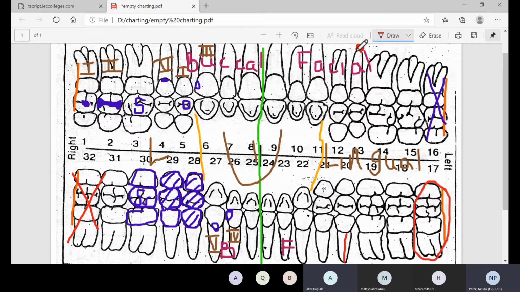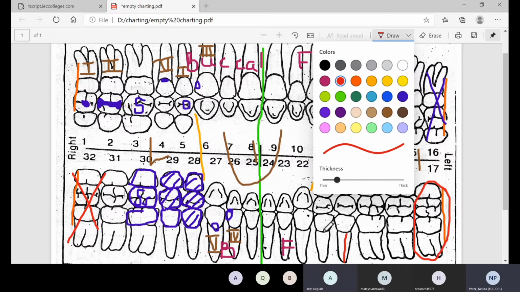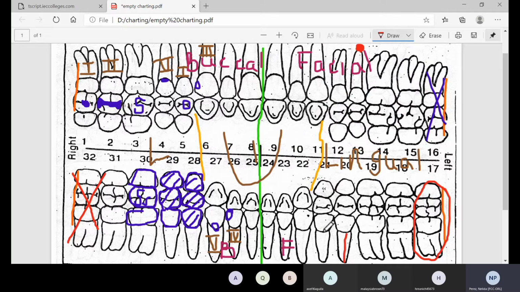Yes, an abscess. Sometimes it will be colored in and sometimes it will be an outline, but an outline on the root tip of the tooth is an abscess. So an infection on that tooth. Good job. The next one, I'm going to change my color pen. I'll leave it. So the next one looks a little bit like this.